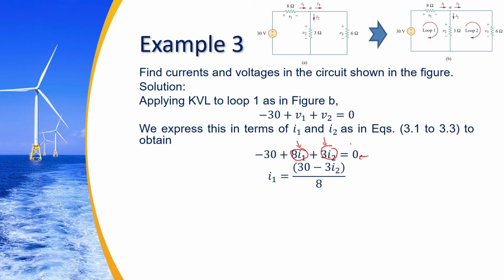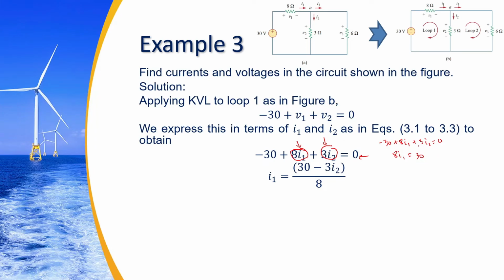So, divide the equations natin. So, negative 30 plus 8I1 plus 3I2 is equal to 0. So, kung kunin natin itong nag-iisa, itong I1, so, lahat ng ibang element is transfer na sa kabilang side. So, mangyari, 8I1 is equal to, from negative 30, pag transfer sa kabila, magiging positive 30.